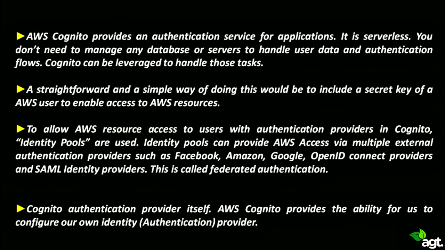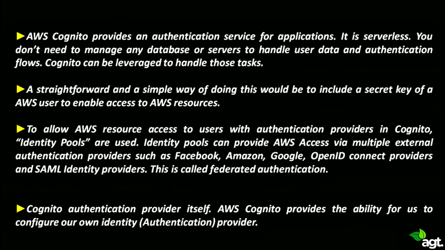In order to successfully authenticate a user, AWS Cognito needs an identity pool and a token received from an external authentication provider or from the AWS Cognito authentication provider itself. AWS Cognito also lets us configure our own identity authentication provider, which means control of user sign up, sign in, password management, and many more user management features are in our hands.